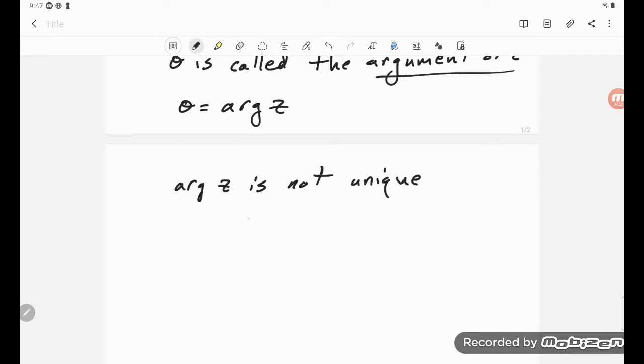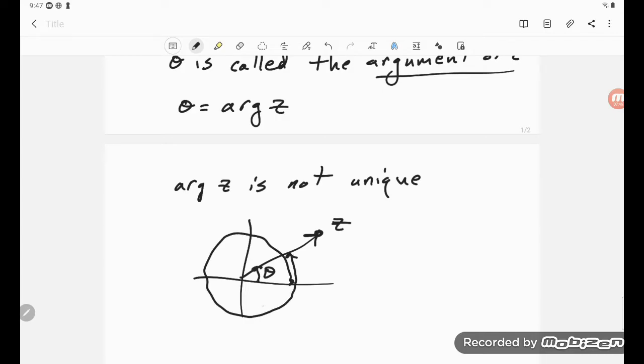In that, if I'm talking about this complex number here, z, then I could say, oh, well, that's theta, whatever that is, and that'll be a number between 0 and pi over 2. But I could also say that is theta, which will be a number greater than 2 pi, but less than 2 pi plus pi over 2.